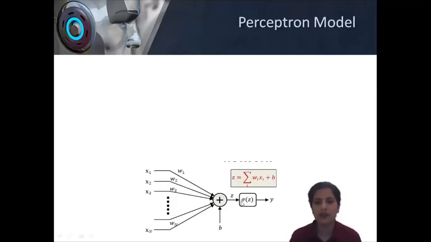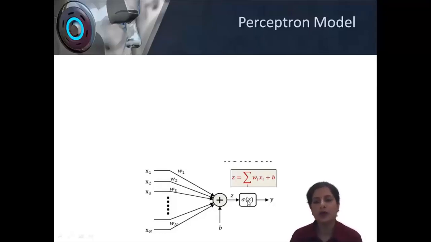Next important thing was the output, which passes through the activation function sigma z denoted here. That was not only a hard limited function now. In the MP model, the output activation function was necessarily a hard limited, binary output function where the output could be either 0 or 1.